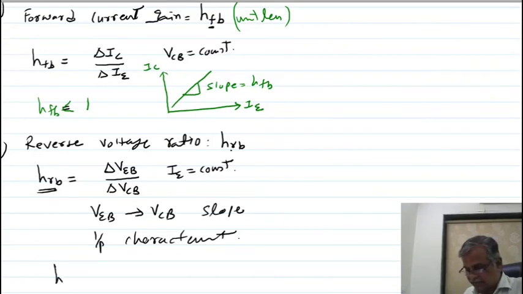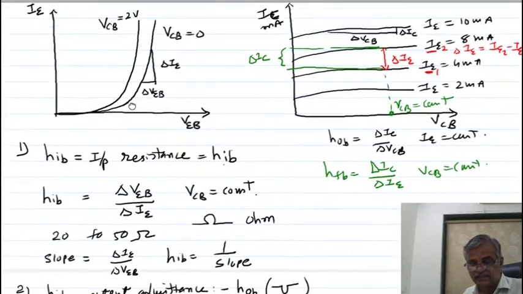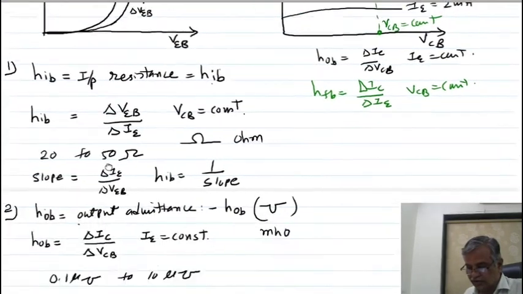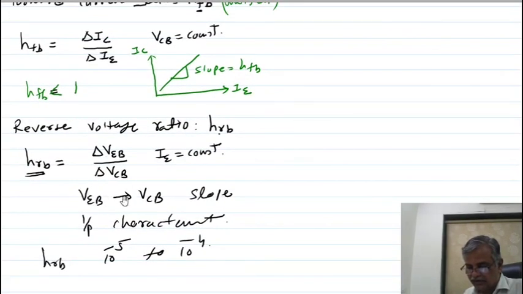The value of HRB is of the order of 10 raised to minus 5 to 10 raised to minus 4.